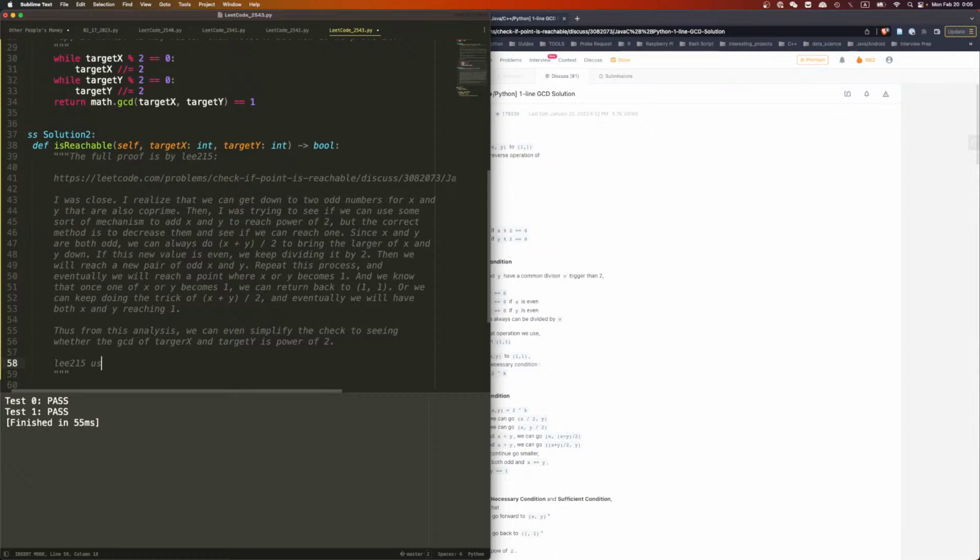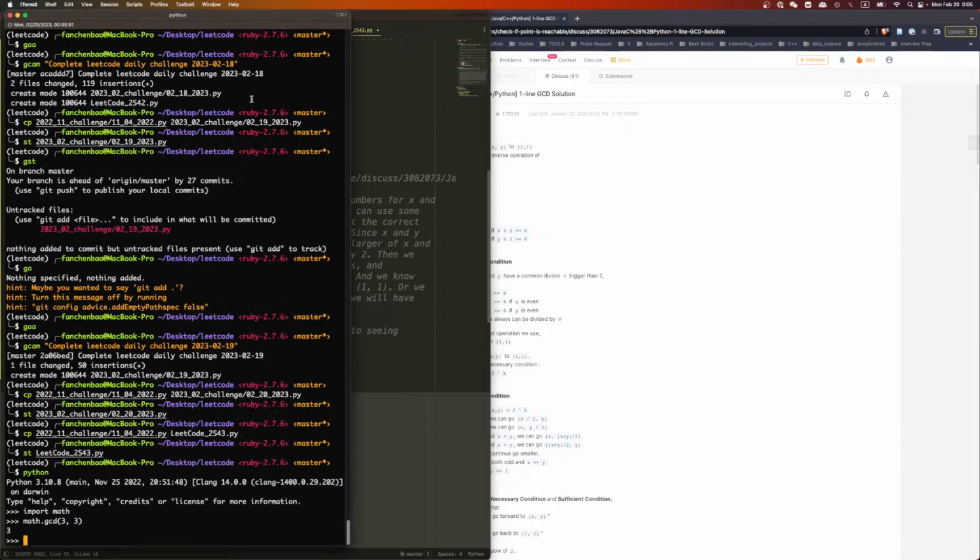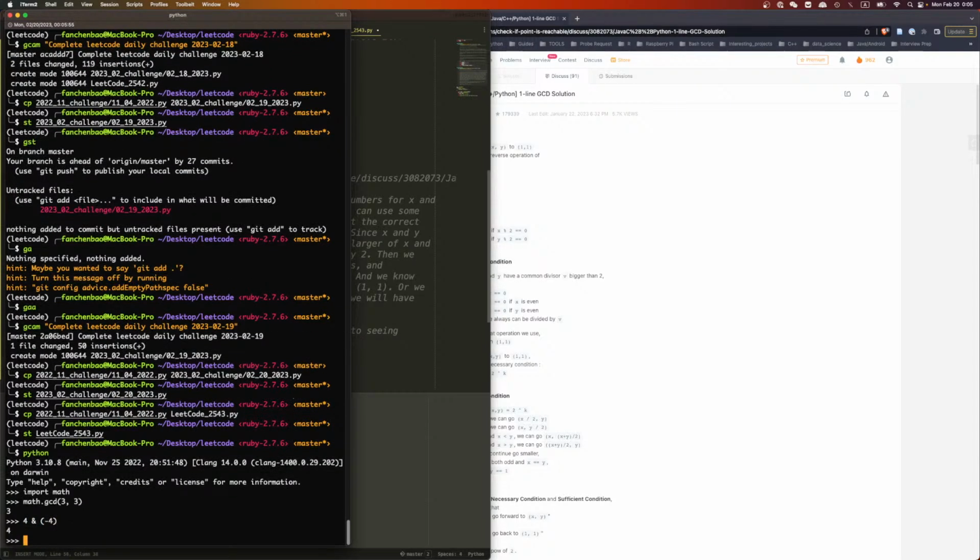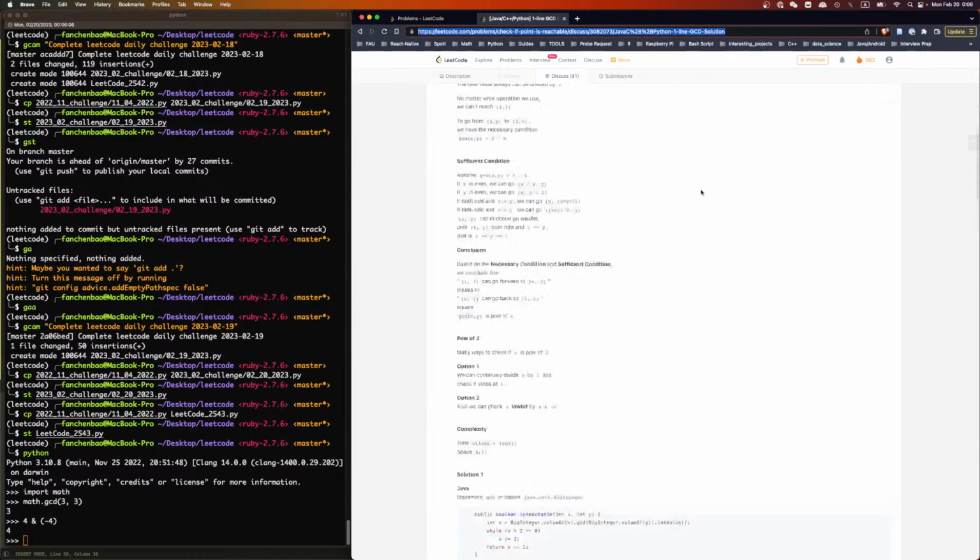LeetCode 215 uses this check, x and minus x, right? X and minus x. Actually, let me see. X 4 and minus 4 is 4. Oh, I don't think you can check in Python though. How do you check in Python?